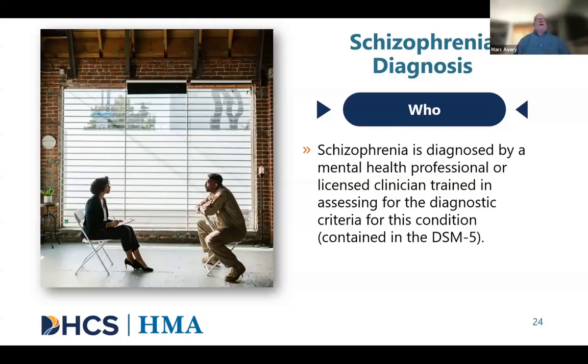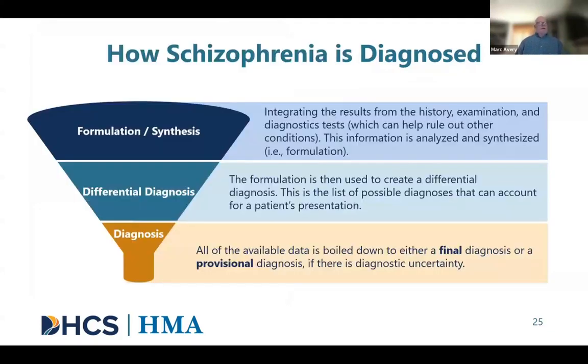This is depicted in our next slide, which is a fairly complicated slide, and I'm going to take a few moments on this. In this slide, you see a funnel. At the top of the funnel, all of the information that is collected when we're assessing Darren is put into this process.